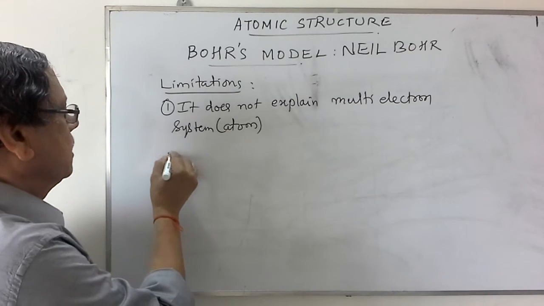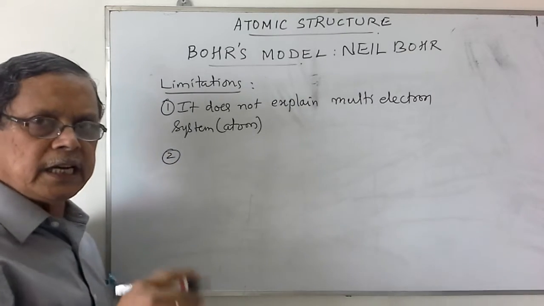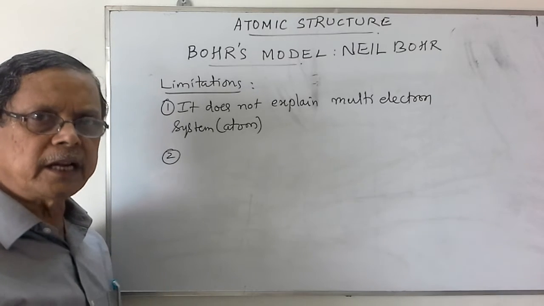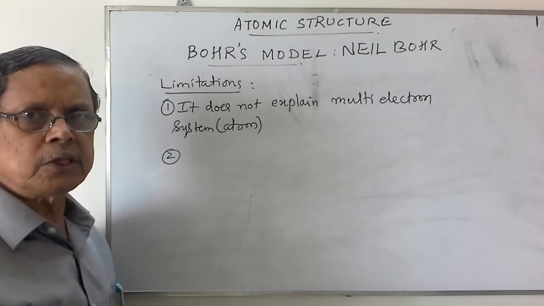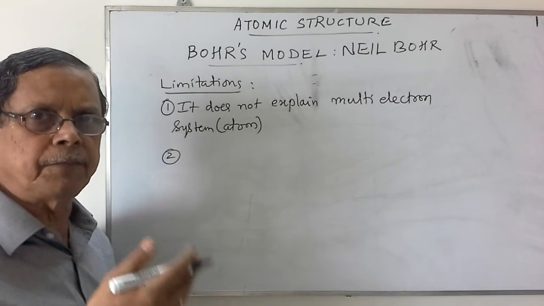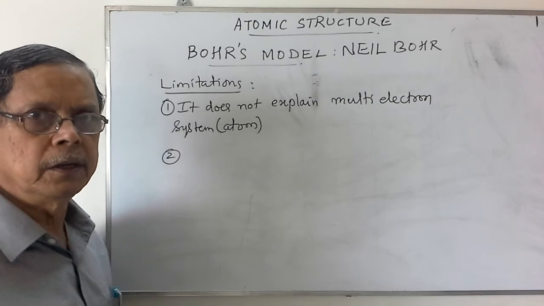The second one is, it satisfactorily explains the hydrogen spectrum, but it does not explain the spectrum when it is subjected to analysis by using a high resolving power spectroscope.